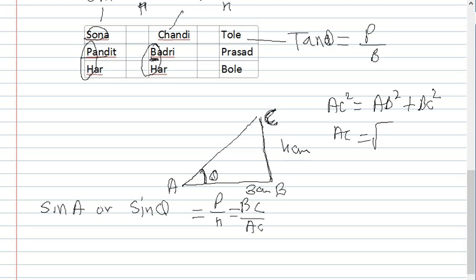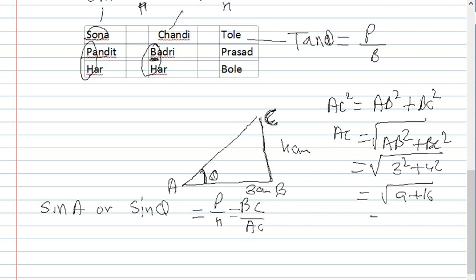So AC is equal to the square root of AB square plus BC square, which is 3 square plus 4 square, 9 plus 16, root 25. So AC is equal to 5 centimeter. So we have got all the values.